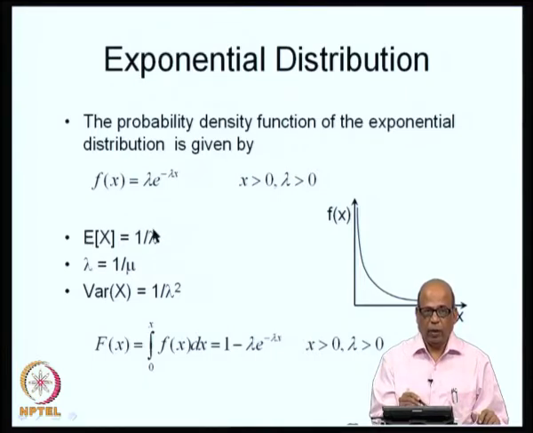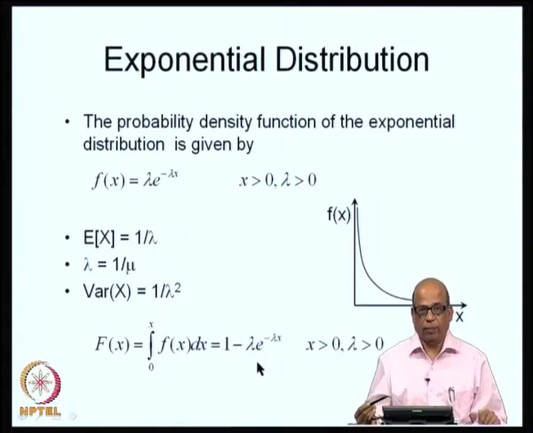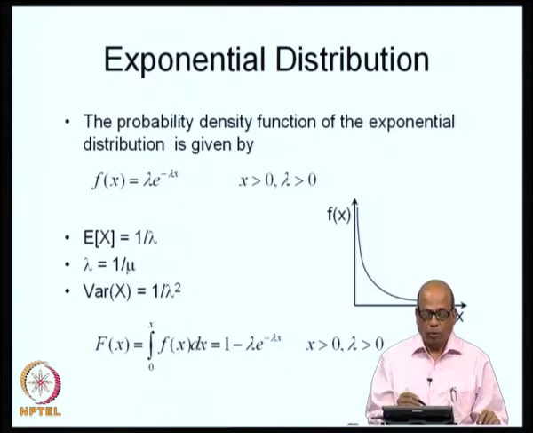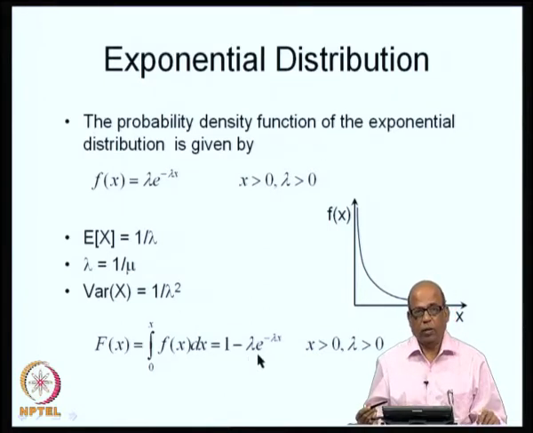Once you estimate this parameter, your PDF is completely defined. Then you can obtain the CDF and start talking about the probabilities of the random variable taking on certain values. Also, it is easy to integrate this particular PDF, lambda e to the power minus lambda x, and obtain the CDF.